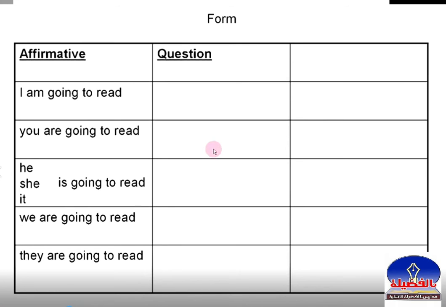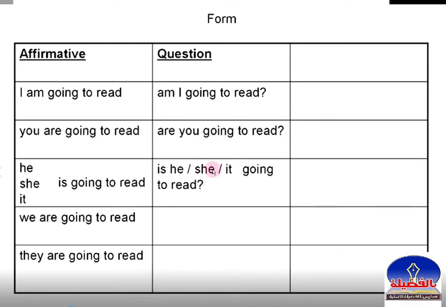So let's look at the question form. Am I going to read? Are you going to read? Is he, she, or it going to read? Are we going to read? And are they going to read?